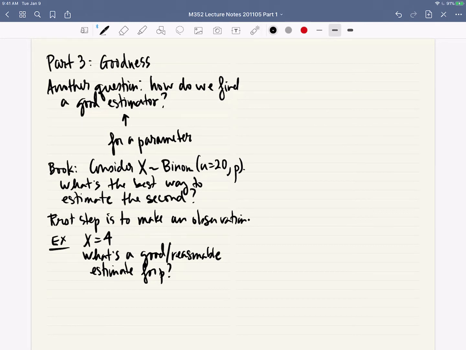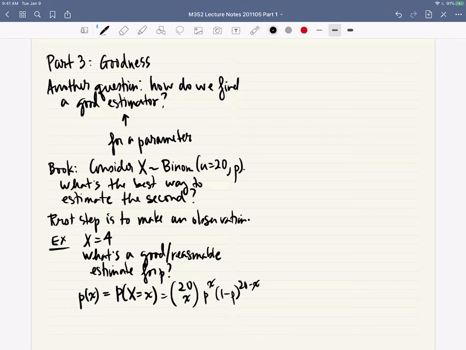So before we proceed, I want to remind ourselves of a couple things, or at least one thing. If you look at the probability mass function, which is the probability that a random variable equals a value x, we have a formula for that for the binomial, and it's 20 choose x times p to the x times 1 minus p to the 20 minus x.